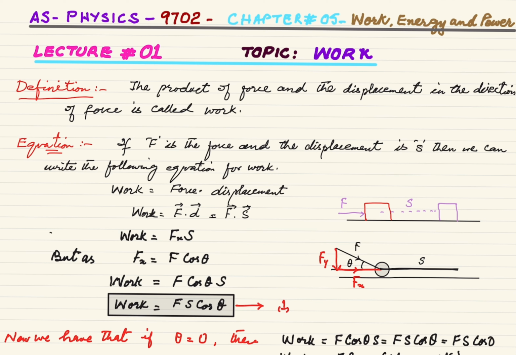But if the angle is different, like if theta is equal to say 45 degrees, then what will happen? Again you will use the same equation, work is equal to Fs cos theta, or Fs cos 45, as cos 45 is 0.707.